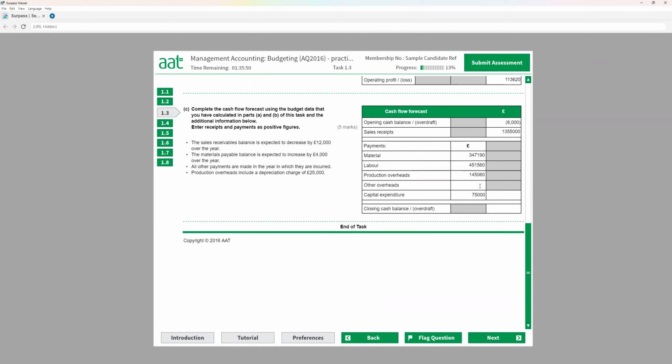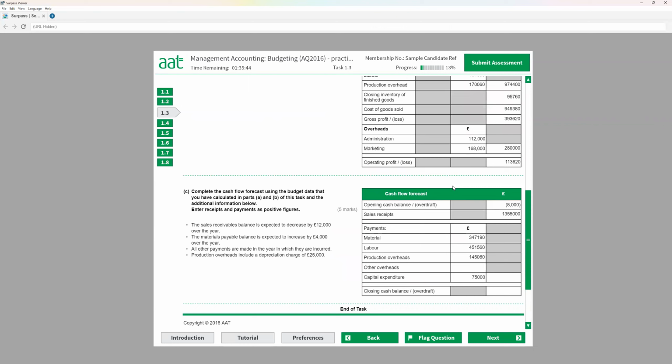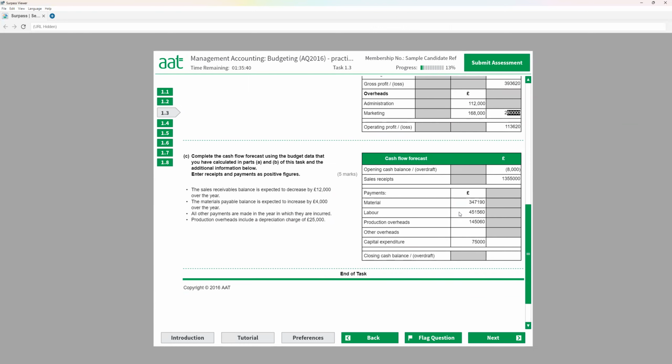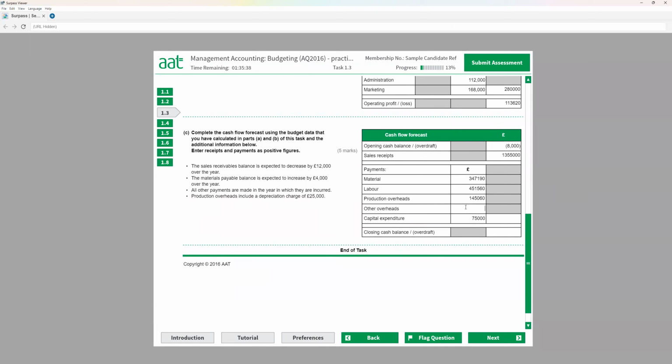Other overheads. The question gave it to us, other overhead 280,000. And that's it. After that, we added all of this, my payments, and look at how much the total payment is.